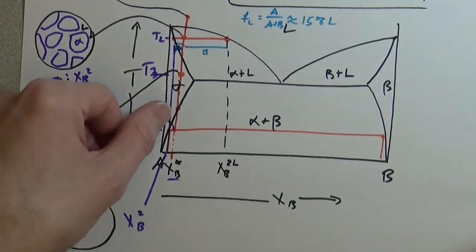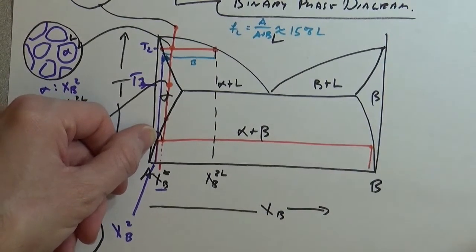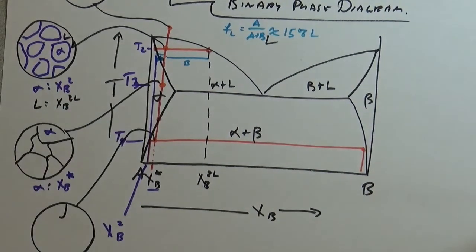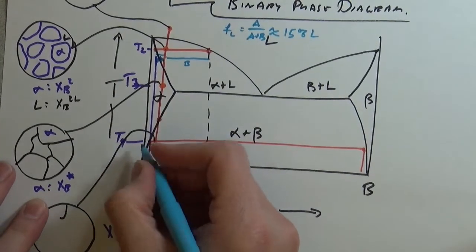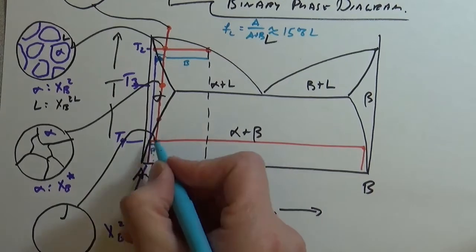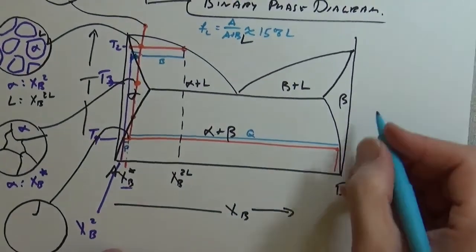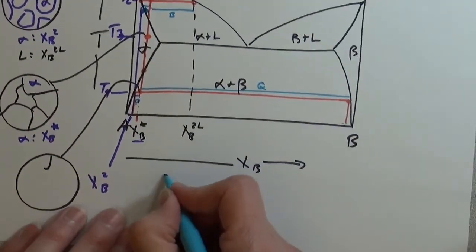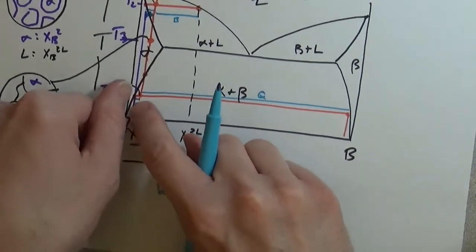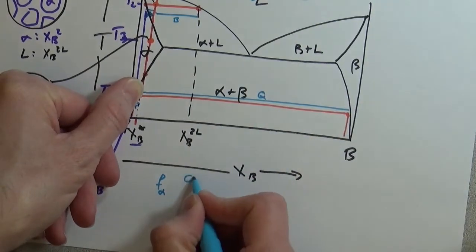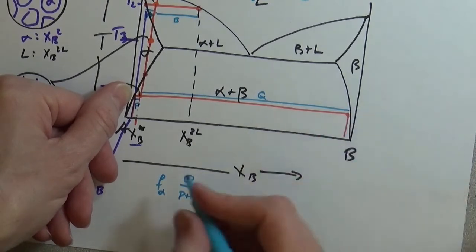Well, we can figure out the amount here by looking at the tie line, right? So let's define this little part to be P, and then we define this length to be Q. So the fraction of alpha, which is on this side, is going to be Q divided by P plus Q, the length of the tie line.